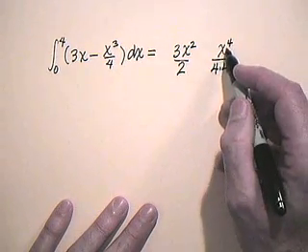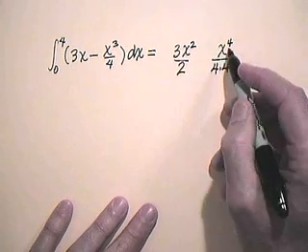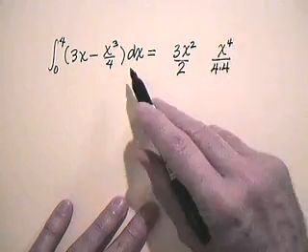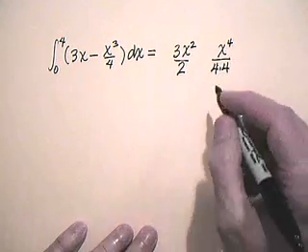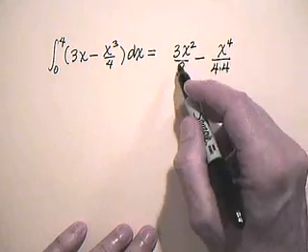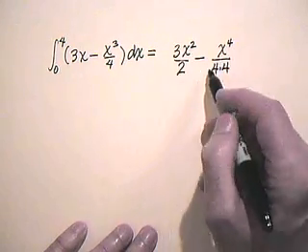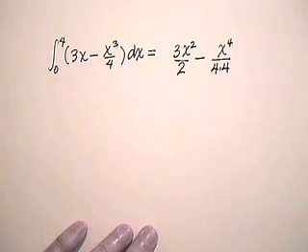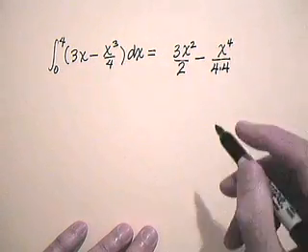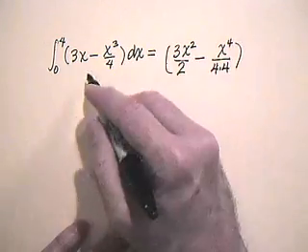Now, when I differentiate, the 4 comes out front, cancels one of the 4's, and our power gets lowered to x cubed. And we have then x cubed over 4. So if I take the difference of these two expressions, the derivative of that whole expression will give me 3x minus x cubed over 4. So I have in fact found an antiderivative of this integrand.